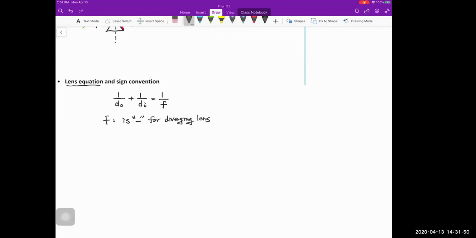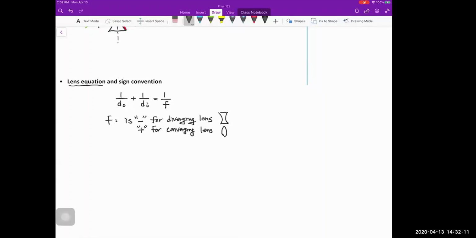If you have a divergent lens, F will be negative. What is divergent? Divergent is this kind of shape. It's going to be positive for convergent. Convergent is this.